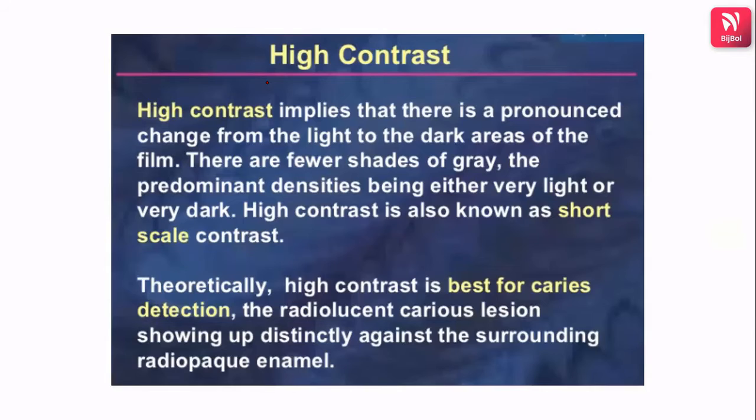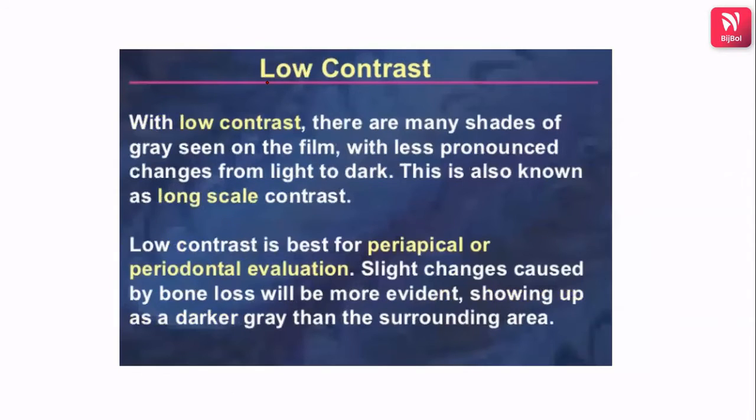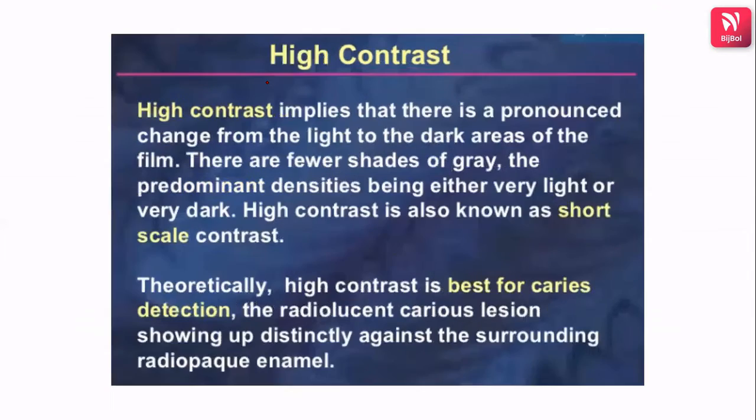So there are fewer shades of gray, and high contrast has a short contrast scale. Theoretically, high contrast is best for caries detection, the radiolucent carious lesions showing up distinctly. Low contrast has many shades of gray seen on the film with less pronounced changes, so it has a long contrast scale. Low contrast is best mostly for periodontal evaluation. So this is what high contrast and low contrast are about.